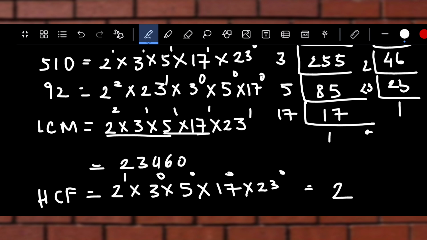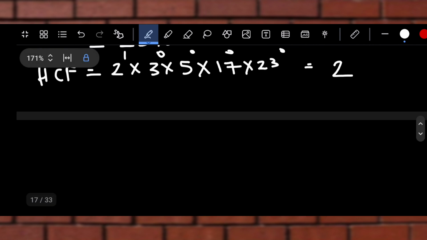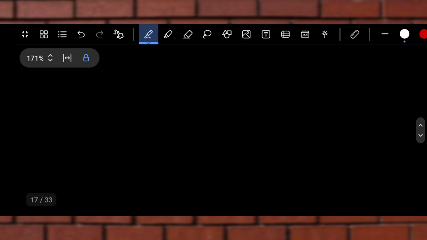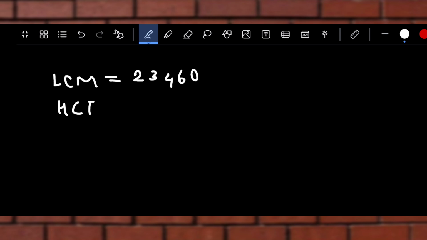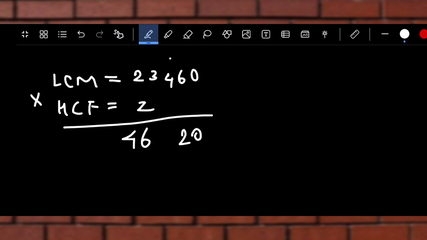Okay, next let's solve the product of HCF and LCM and the product of these two numbers. LCM we got 23460 and HCF we got as 2. So when we do the product of these two numbers, we'll get 46920.